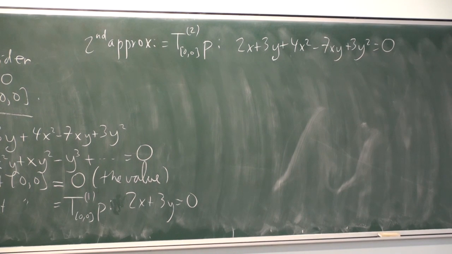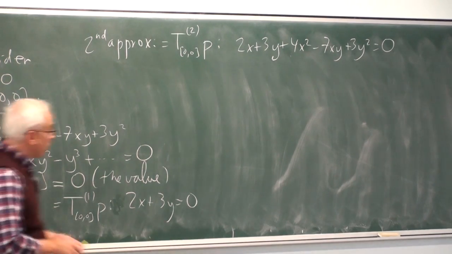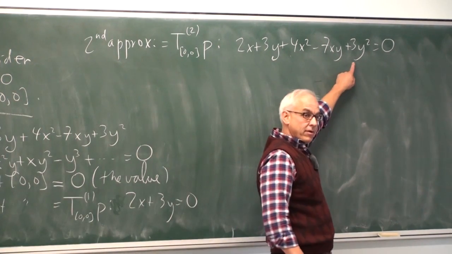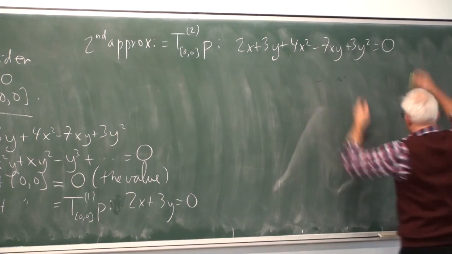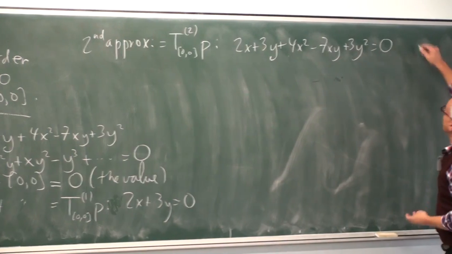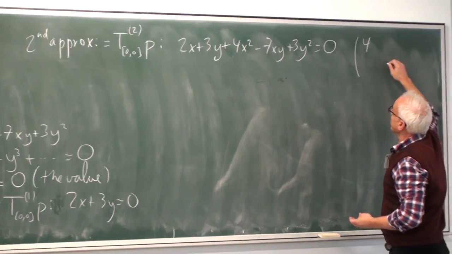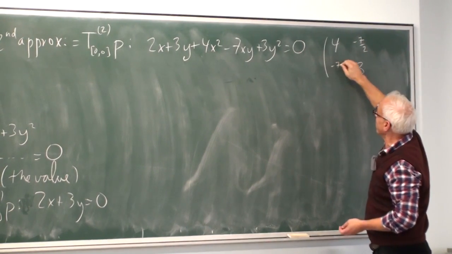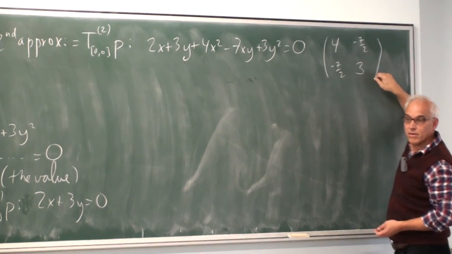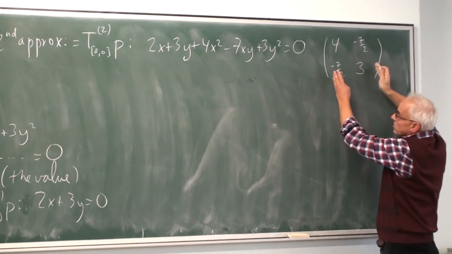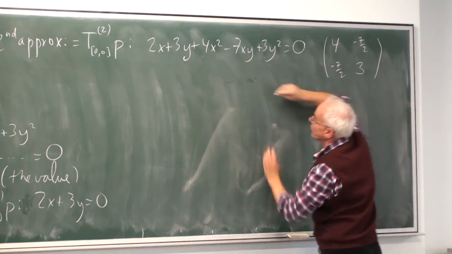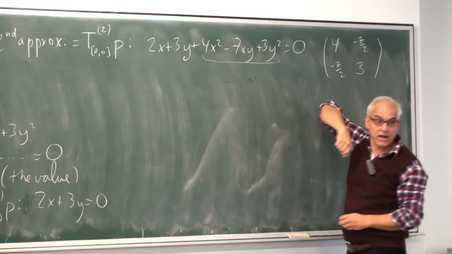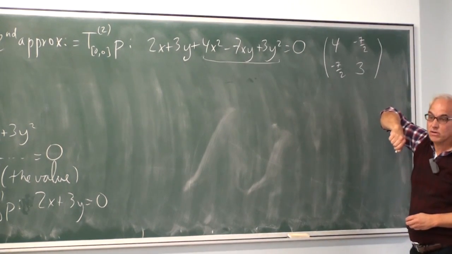What would it actually be in this case? So here, to find out what kind of conic it actually would be, we would have to look at the quadratic terms, make ourselves a little matrix, 4, 3, and minus 7 over 2, minus 7 over 2. That would be the 2 by 2 symmetric matrix that represents the top part of that expression.